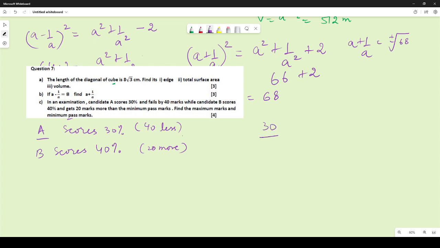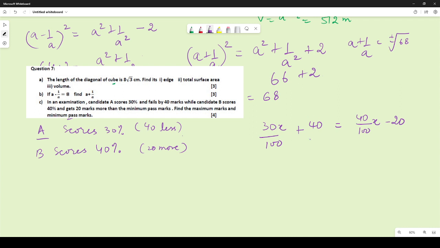This means 30% of x plus... इनके बीच का डिफरेंस कितना हो गया? 30x और 40x. इसको अगर 40 मार्क और मिल जाते तो ये पास हो जाता. 40% जिसने स्कोर किया था उसको अगर 20 मार्क कम मिलते तो दोनों के मार्क्स बराबर हो जाते, राइट?